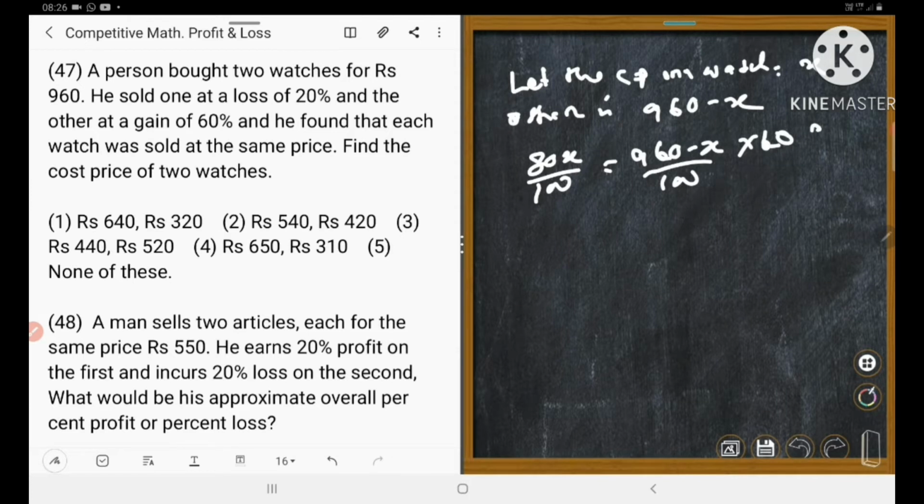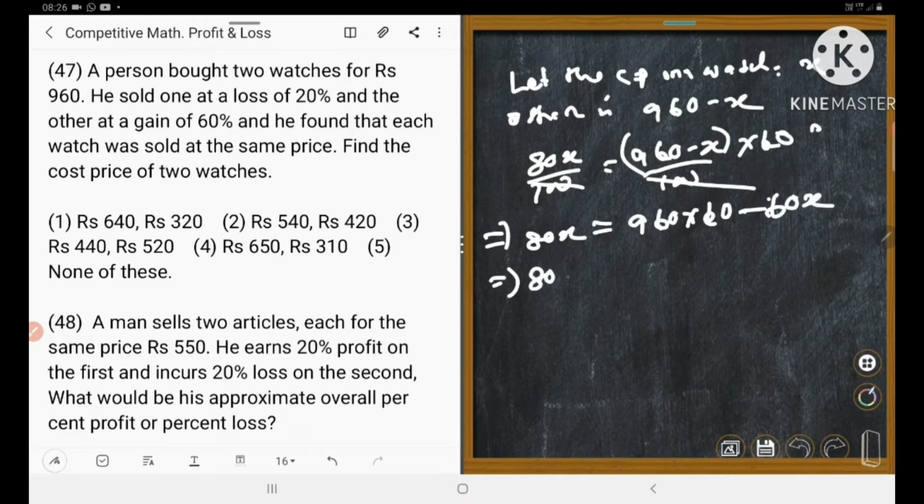Implies 80x is equal to 960 into 60 minus 60x, so 20x is equal to 960 into 60.